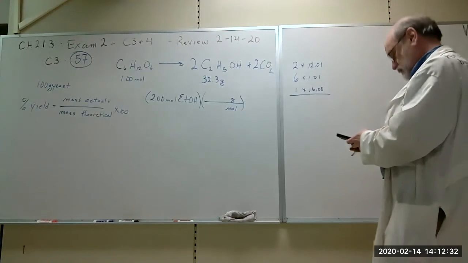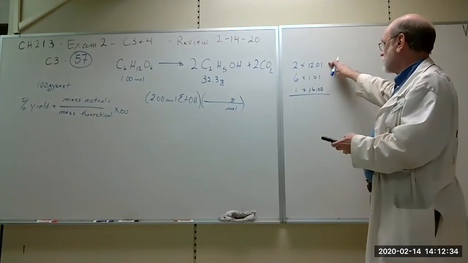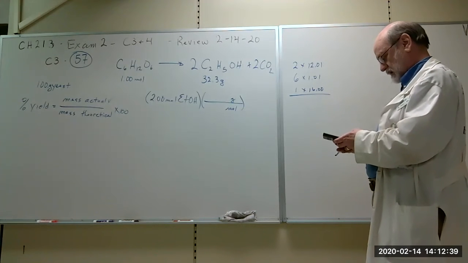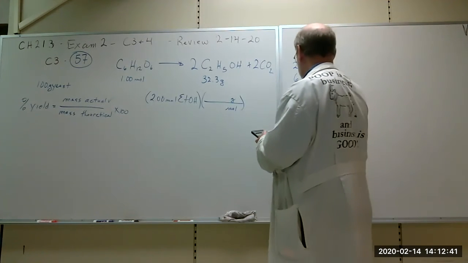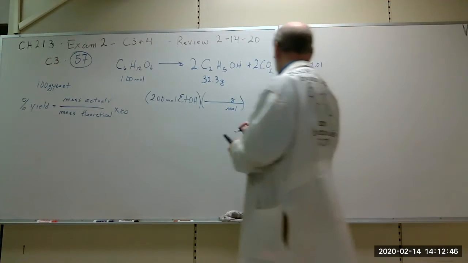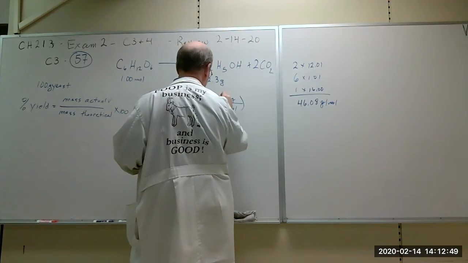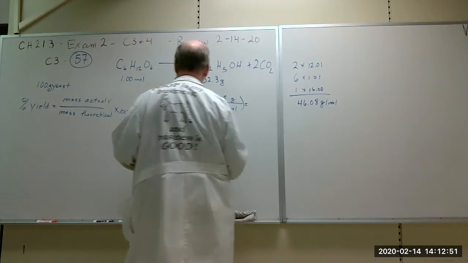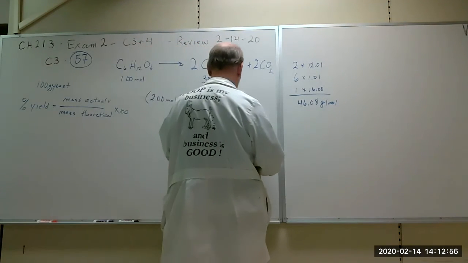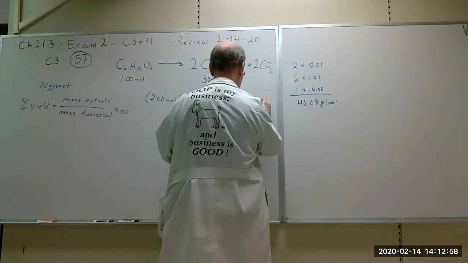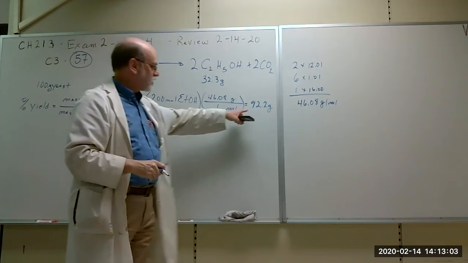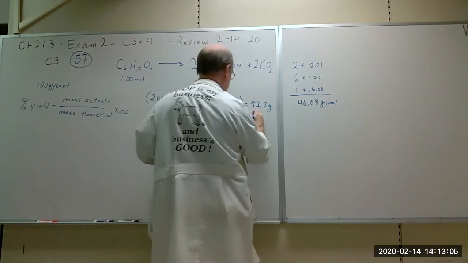So 24.02, this one, 6.06, that one, and 16. 46.08 is the molar mass of ethanol, 46.08. And then times 2, 92.2 grams. This is the theoretical amount of ethanol.